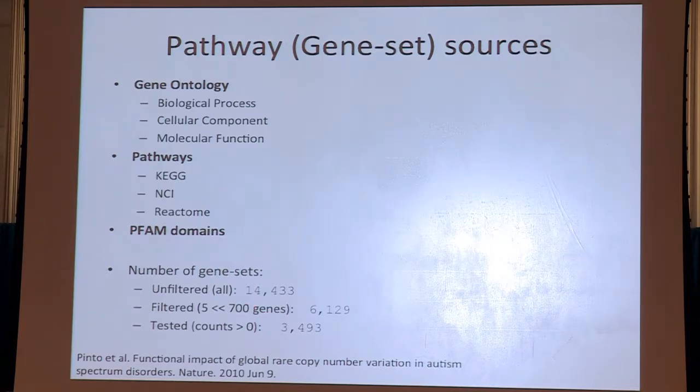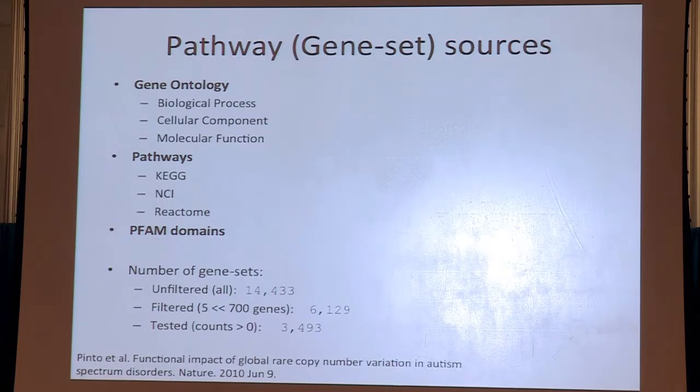And if you have pathways that have hundreds of genes, usually those pathways are so general that when you get them back, they're not useful. So we just remove them. By removing them, we cut our number of pathways by half, and that helps with statistics. Also, in the end, there were only 3,500 pathways that had some mutation associated with them.